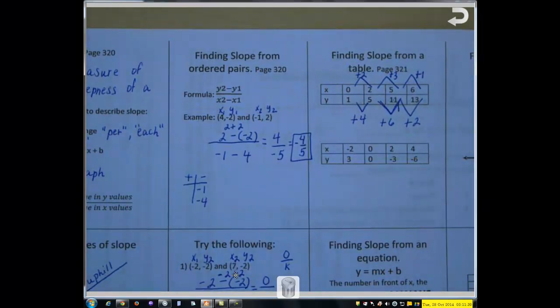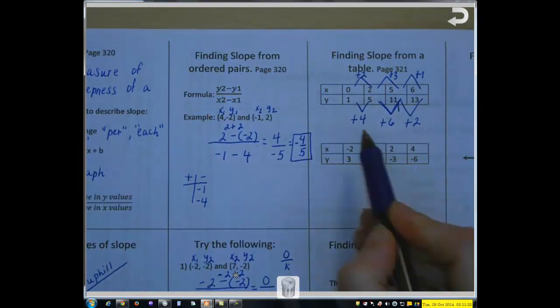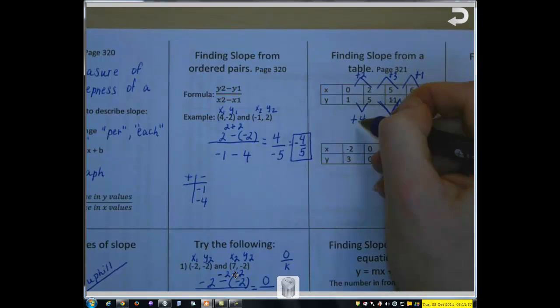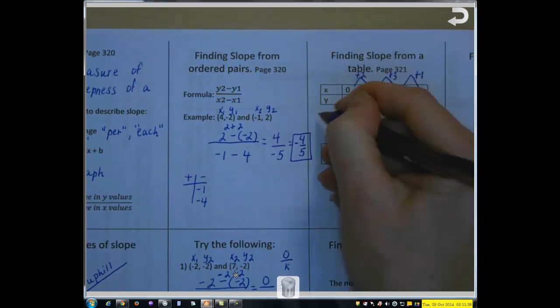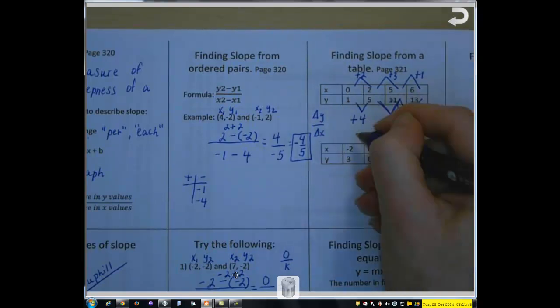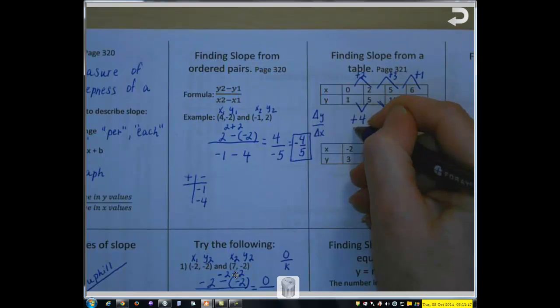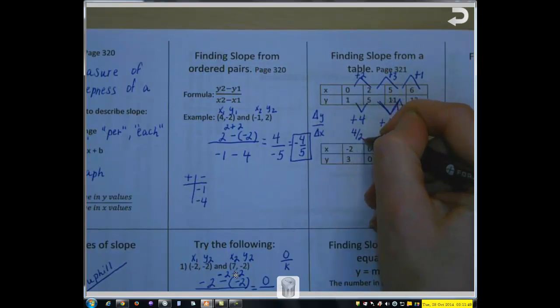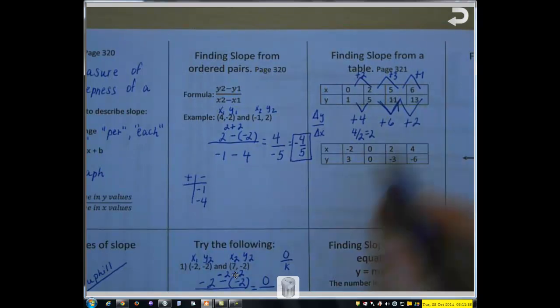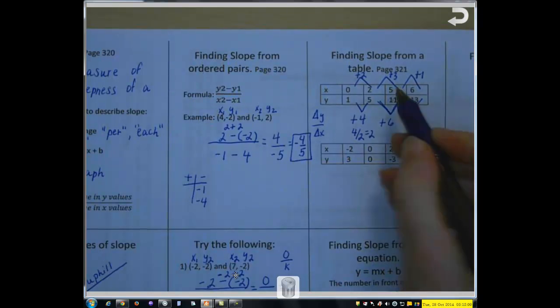Now to find the slope, we have to do the change in y divided by the change in x. So let's do that for the first ordered pair. Our change in y over change in x is going to be 4 over 2. And that simplifies to 2. Let's check our change in y over change in x here. It's going to be 6 over 3.